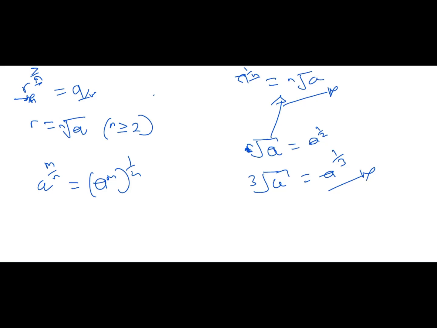And now remember this is n. So this one on top is still the same as the nth root of a to the power m. So you see what's happening here. This here is still the same as this one. That's what we're supposed to check.